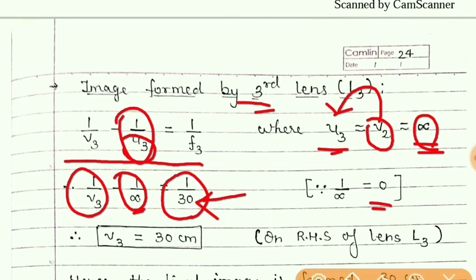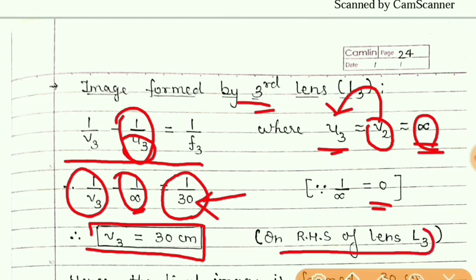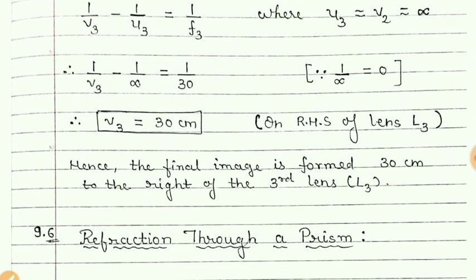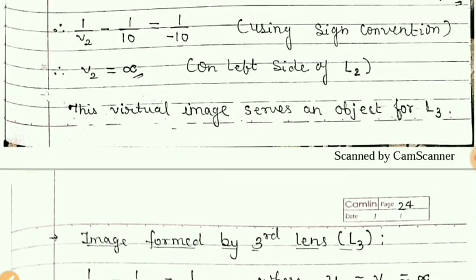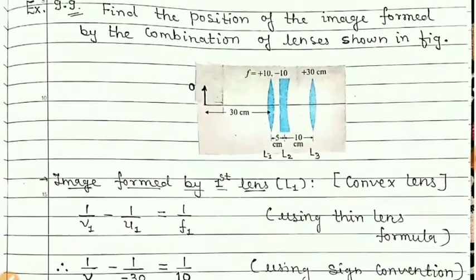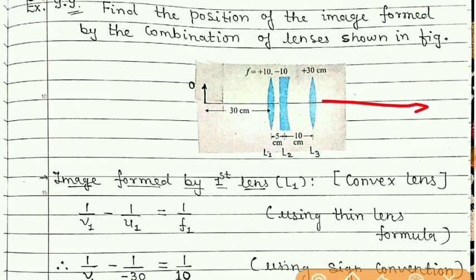So V3 is equal to 30 centimeter on the right hand side of lens 3. So students, the final image formed is 30 centimeter away from the third lens on the right hand side, that is towards this side.